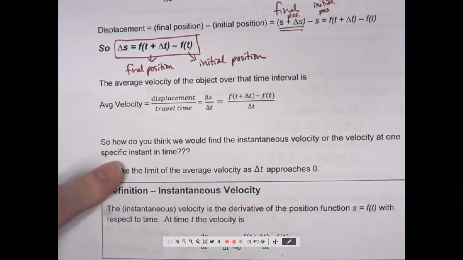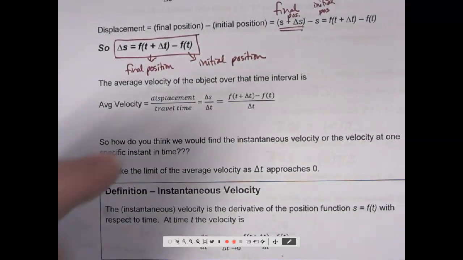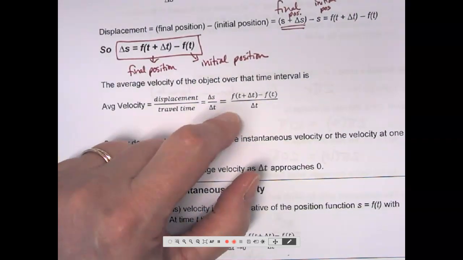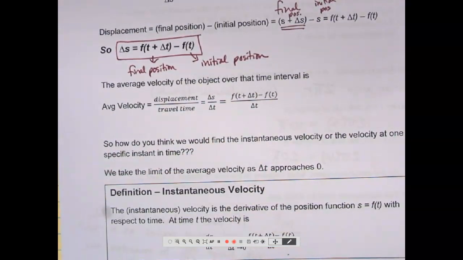How do you think we would find the instantaneous velocity, or the velocity at one specific time? Yes, plop the limit right in front of that thing. So we're going to say, okay, well, let the change in time be practically 0.